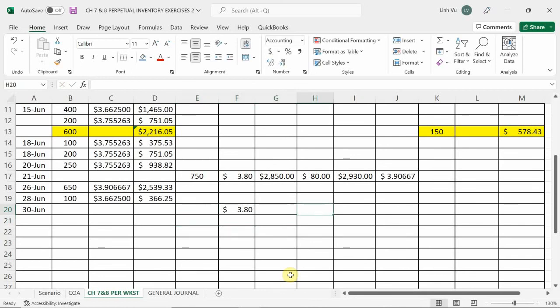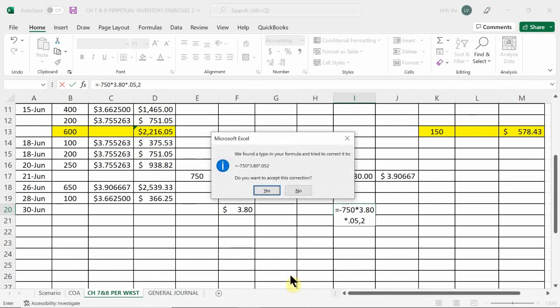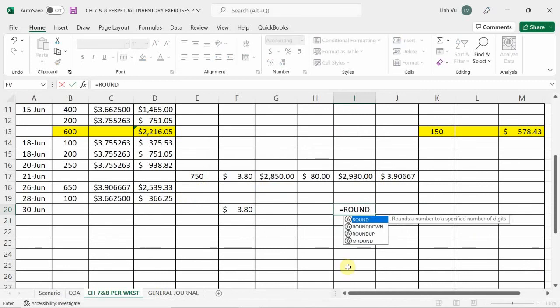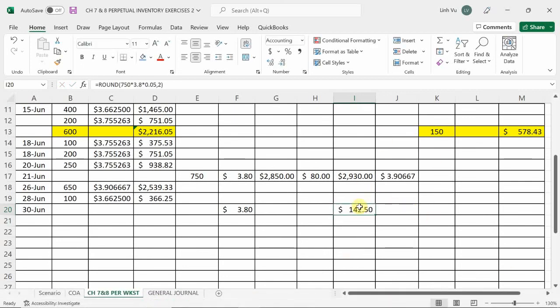So therefore, I need to discount 750 times 3.80 times that 5%, which gave me the $142.50. Okay, so negative $142.50.